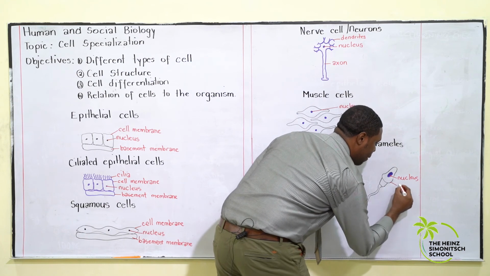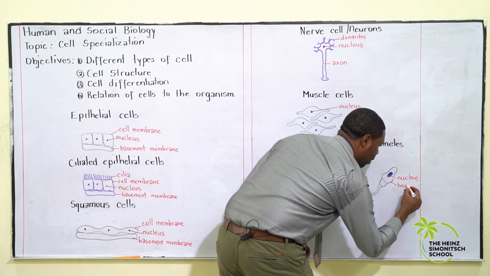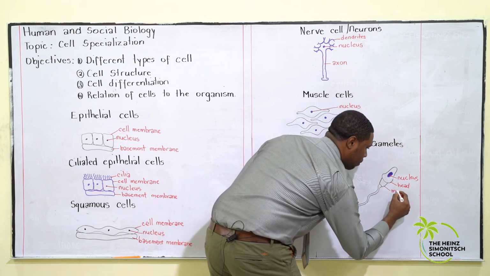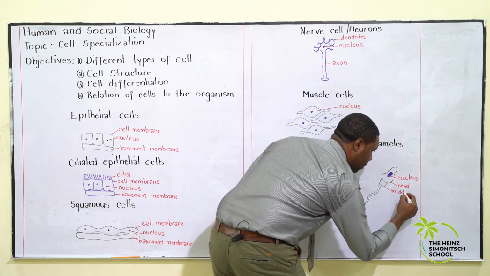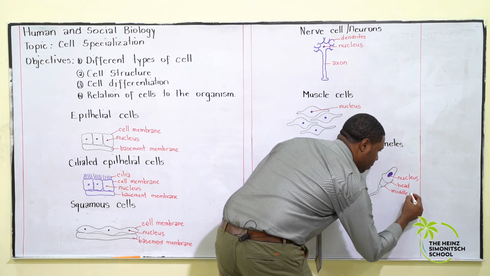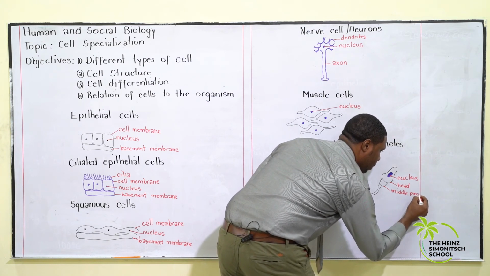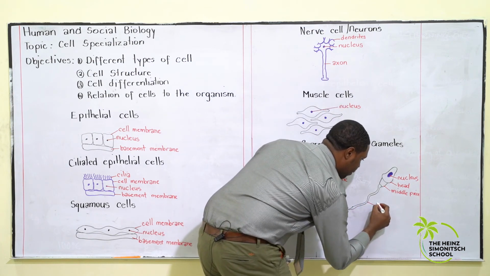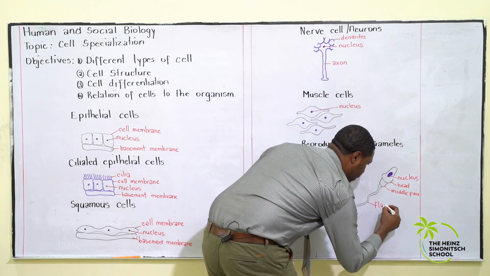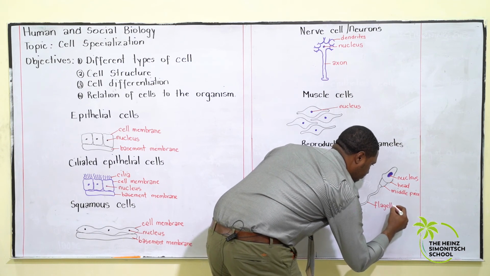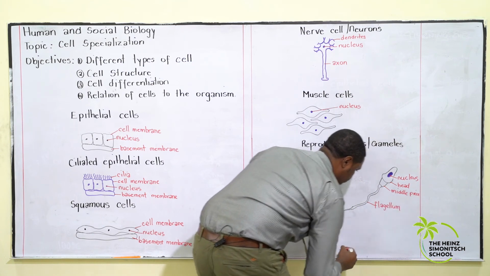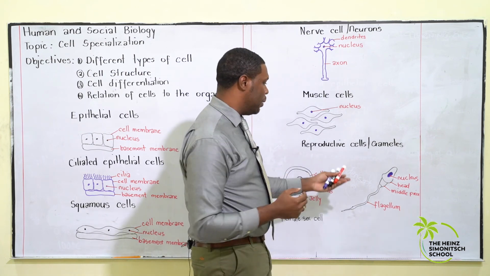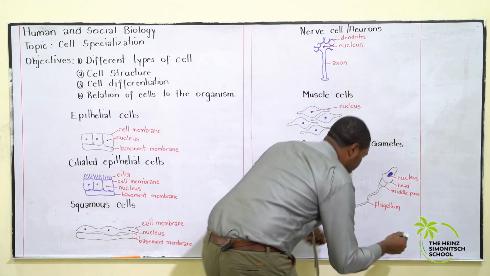We have the head, the middle piece, and the flagellum or tail. And there you have it, students, a simple diagram of the sperm cell. Don't forget to label.